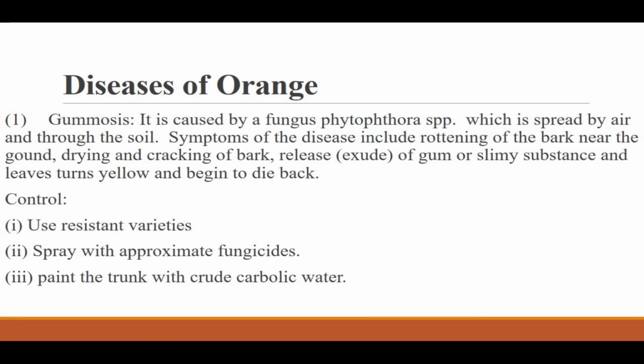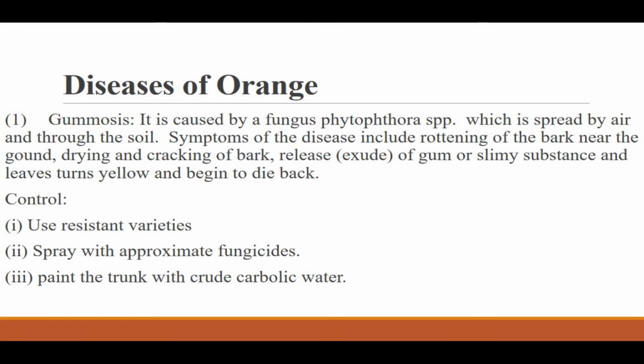Symptoms of this disease include rotting of the bark near the ground, drying and cracking of bark, with the release of gum or slimy substance, and the leaves turn yellow and begin to die back.